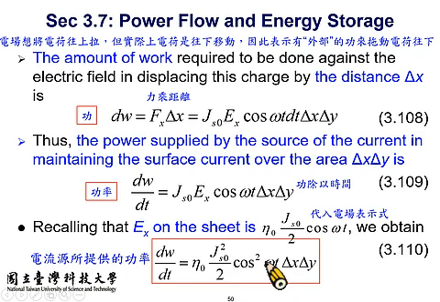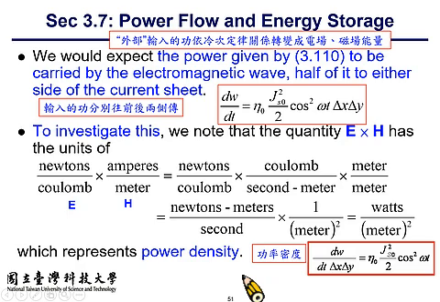And of course, it's proportional to the area size, delta x times delta y. So here is the power delivered by a specific region on that current sheet.